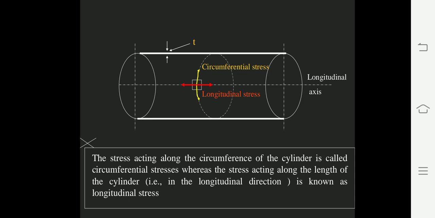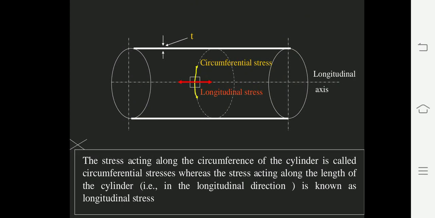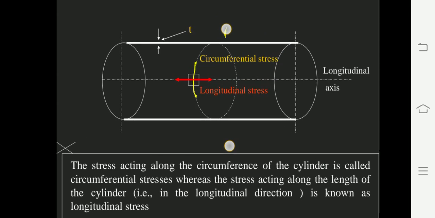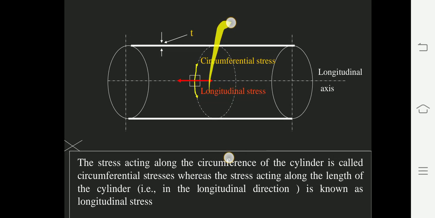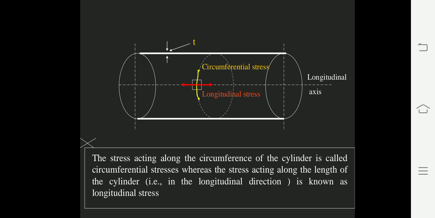See the definition: the stress acting along the circumference of the cylinder is called circumferential stress, whereas stress acting along the length of the cylinder is known as longitudinal stress. If stress is acting along the circumferential portion, it is classified as circumferential stress.